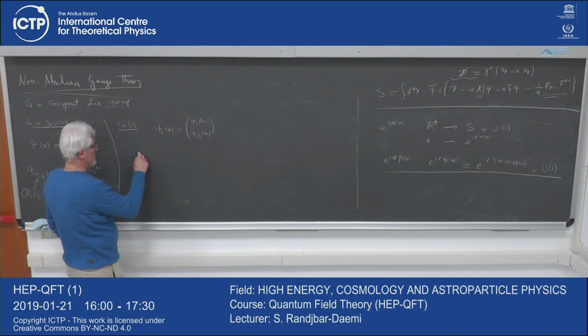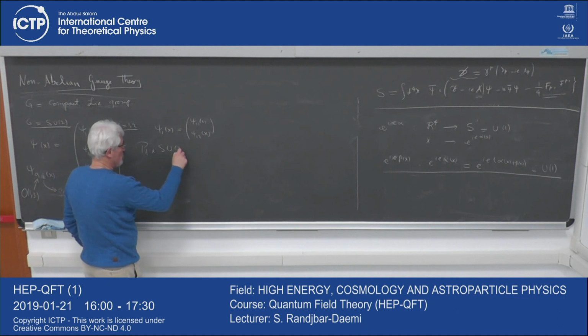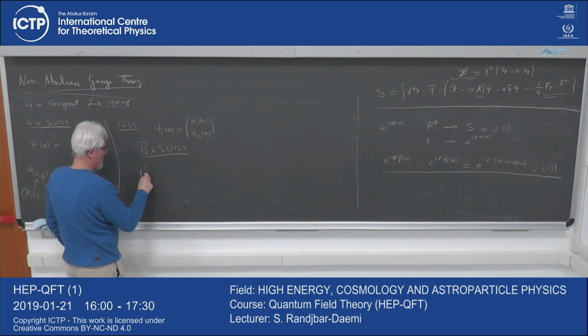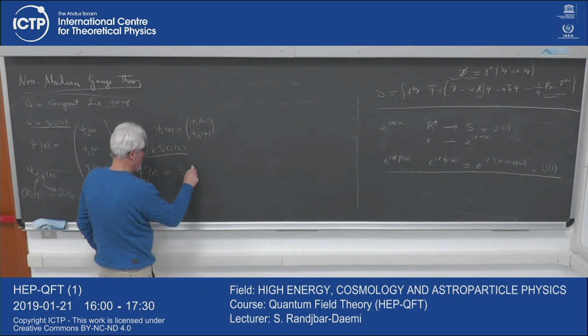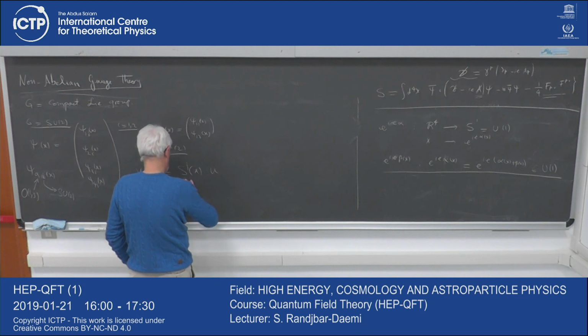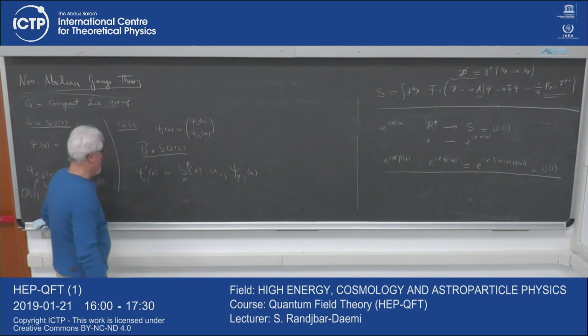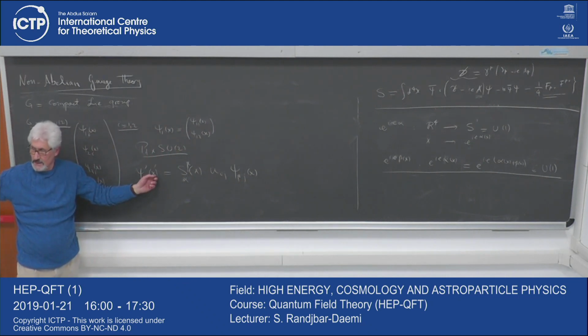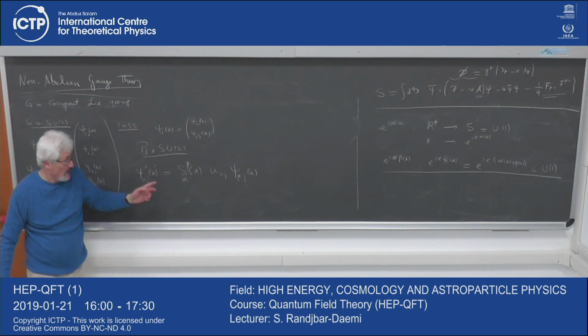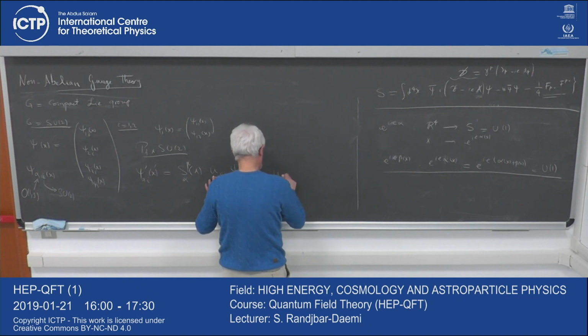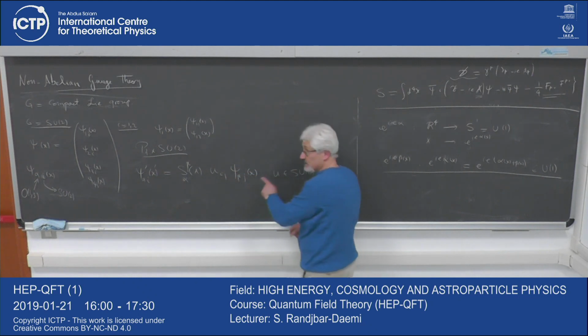Well, this means that under the product of Poincare times SU2, psi will go to psi prime of x, alpha I, which will be S_alpha beta of lambda, U_IJ psi beta J of x, where x prime is related to x by lambda x plus d, the Poincare transformation, and the U matrix, where U is an element of SU2, acts on the second index.